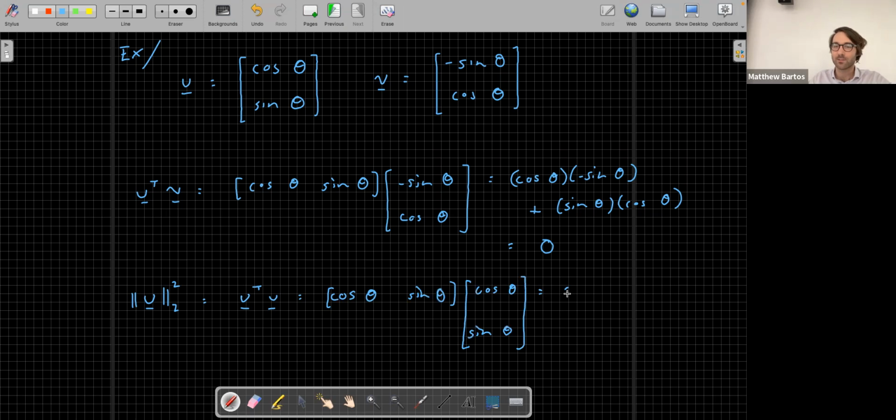This will give us cosine squared of theta plus sine squared of theta. And from trigonometry, we know that this is equal to 1, right? This is the norm squared. If we take the square root, we still get that it's equal to 1. Okay, so this set of vectors is orthogonal and unit norm for any theta.